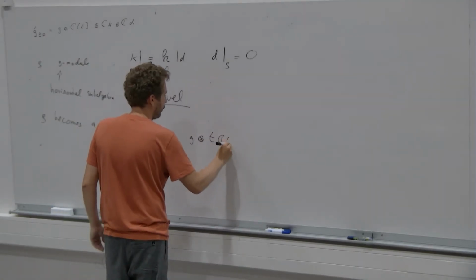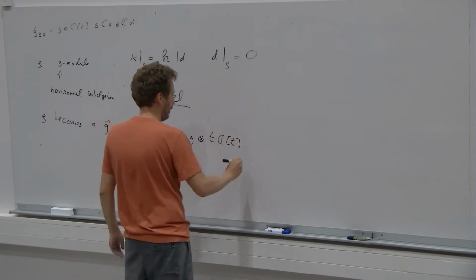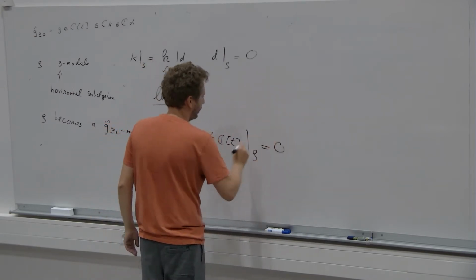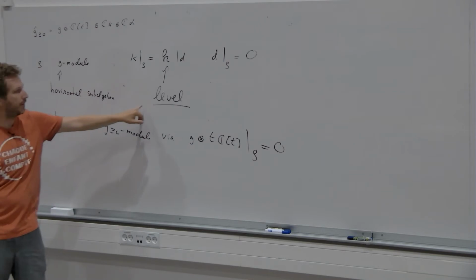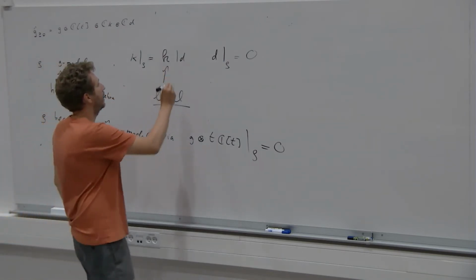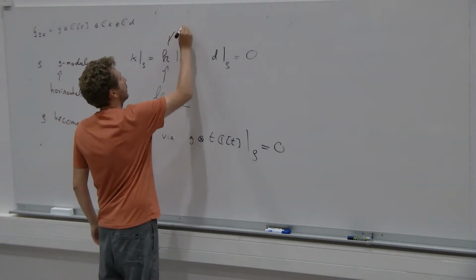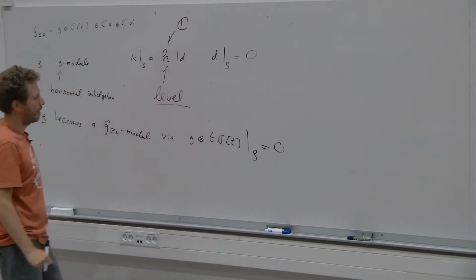So all non-constant terms in T just annihilate this module. And once one has this, one can define a module of the affine Lie algebra. We would then call this the Verma module coming from rho at level K. So K here, this is an arbitrary complex number.